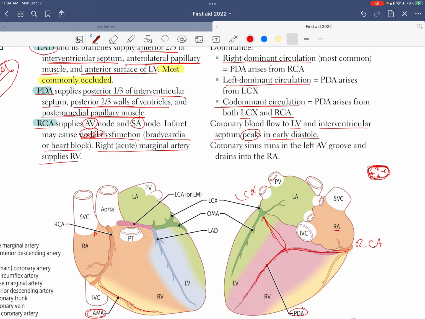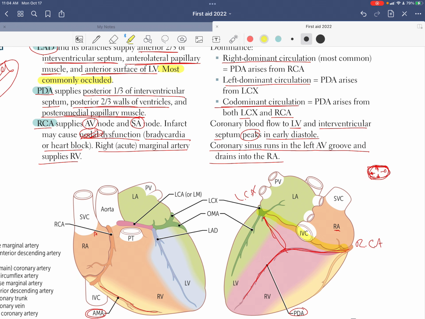So this is where we get the peak of the coronary blood flow. The coronary arteries get just too comfortable because there is nothing compressing them, because the left ventricle is kind of empty.